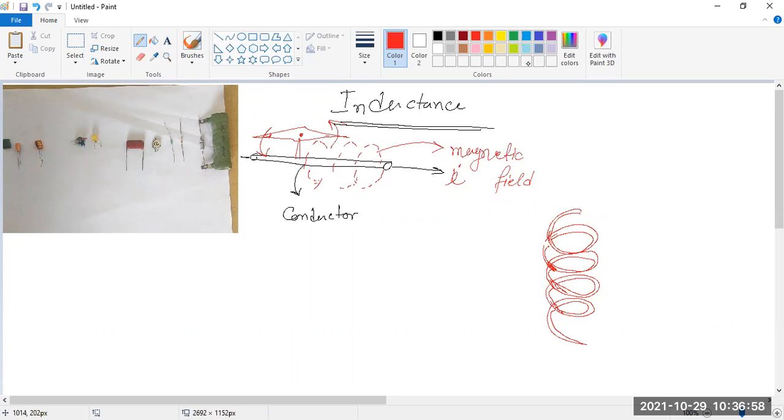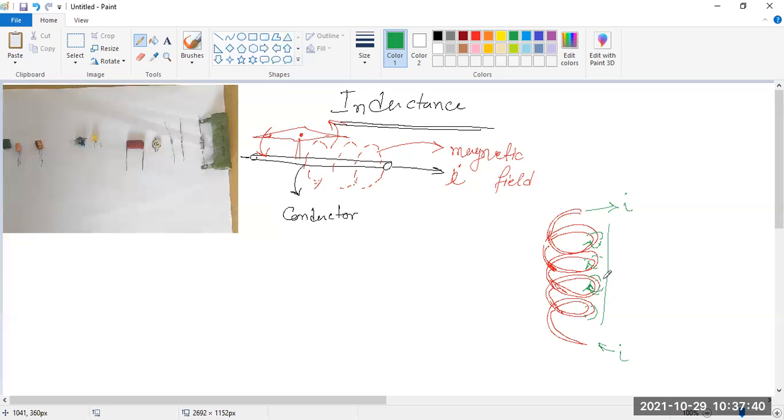Whenever a current I is flowing through it, a magnetic field is created throughout the surrounding area. Each and every section has a magnetic field created. Say I am taking a fixed X line, then a magnetic field is created, and it must have some direction. If it is DC, then the direction is fixed. If it is AC, then the direction will change.